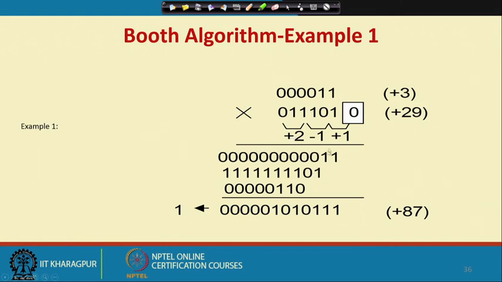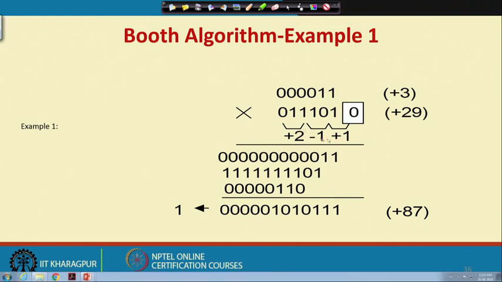Now for positive of A, I have to write something like this, 1 2 3 4 then 1, and as this is 6 by 6 multiplication, total 8 bits will be there. So the rest of the 6 bit positions will all be filled with 0, as this bit is 0 over here.